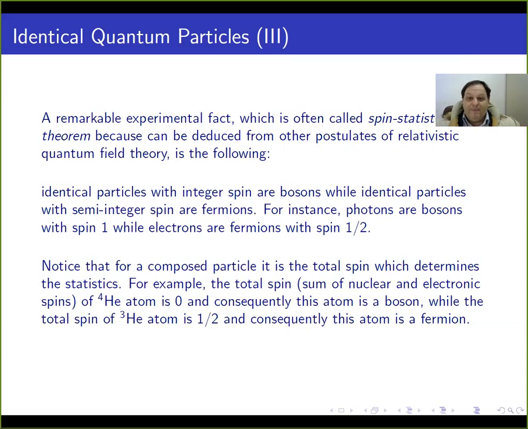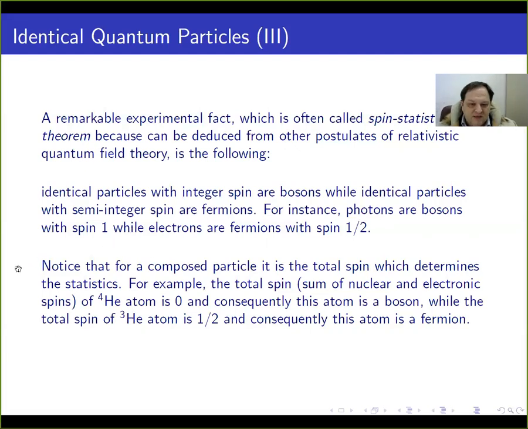So if you have many identical atoms, you can say that they can be identical and bosonic if the total spin of the atom is an integer multiple of the Planck constant, and instead if it is a semi-integer multiple of the Planck constant, it is a fermionic atom.